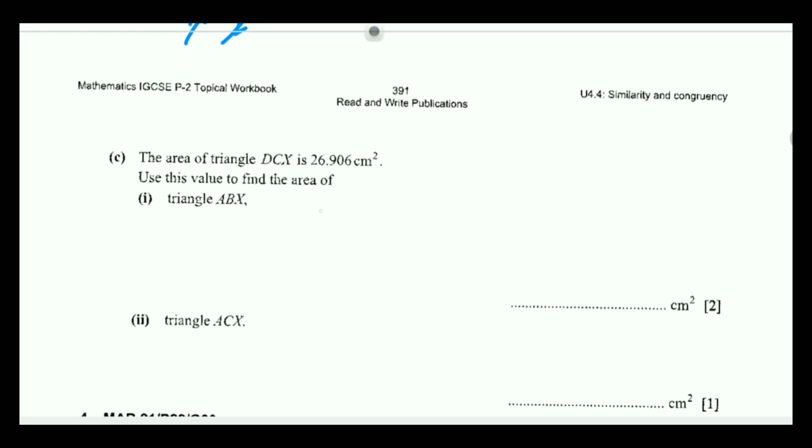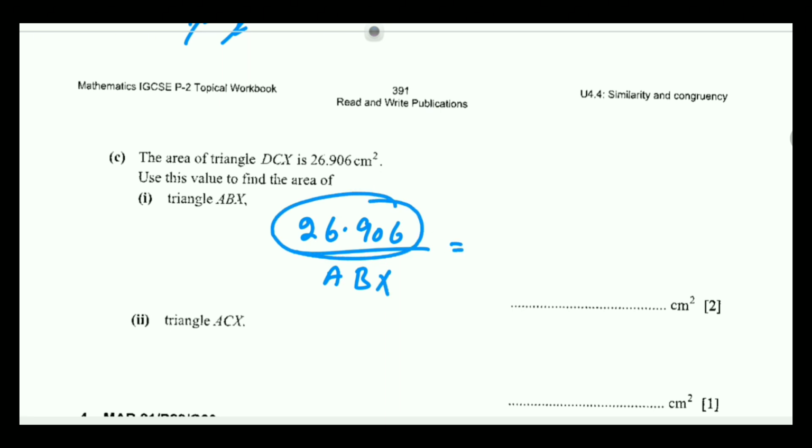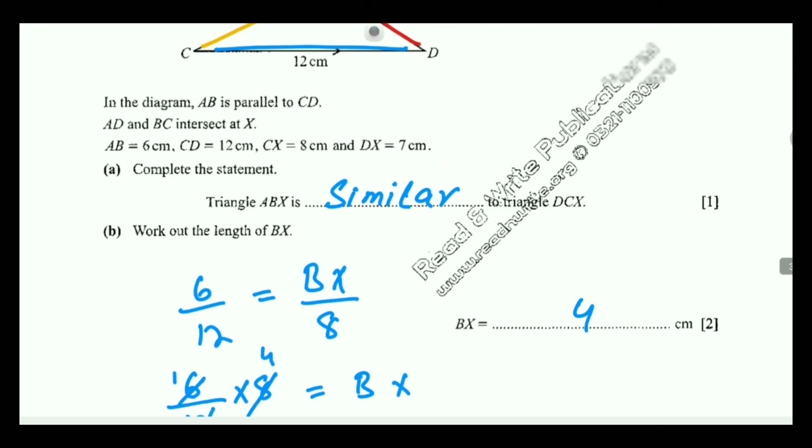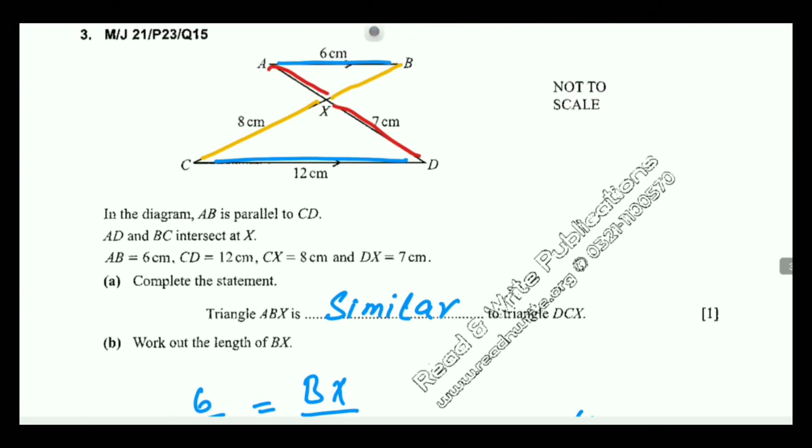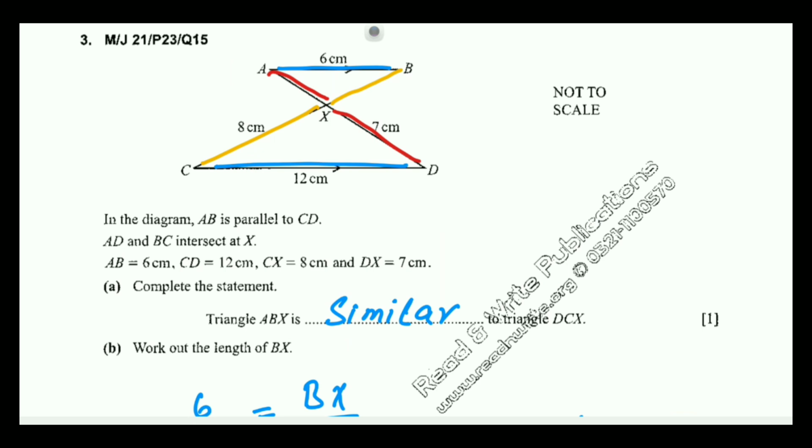So area of larger triangle, if we have decided to write it in numerator, so we will write triangle ABX area in the denominator, ABX, and we will write its length or height in numerator as well. So the height of larger triangle is, we can take 12, 12 and 6. These are corresponding sides. These should be corresponding lengths.